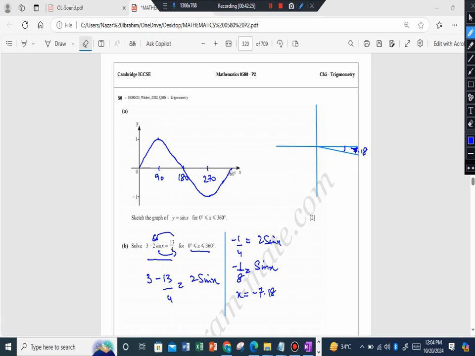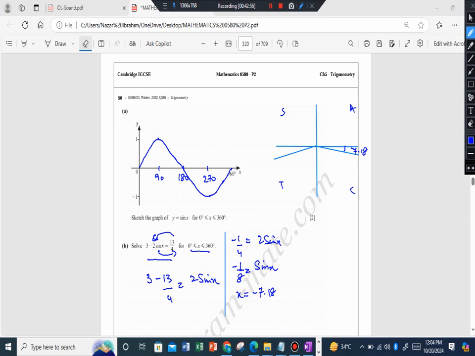Negative just tells us about the sign or the direction. It's clockwise, right? Now since the answer we have got is negative, it means that it will not be in the first or the second, it will be in the third and the fourth quadrant, right?